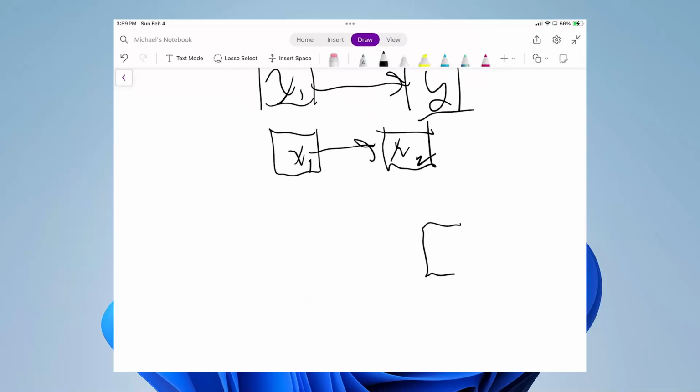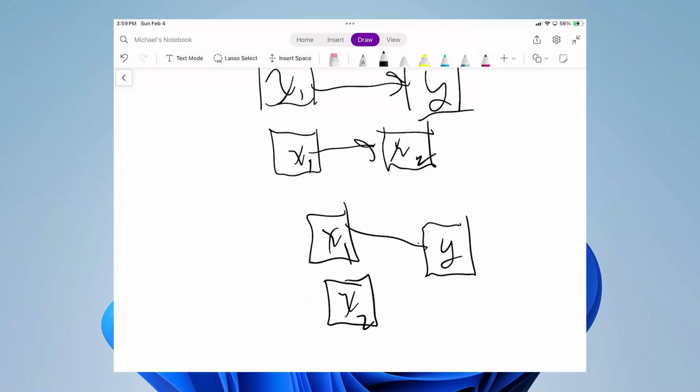So this third step involves regressing y on both x1 and x2, and determining if x2 does make a contribution above x1.